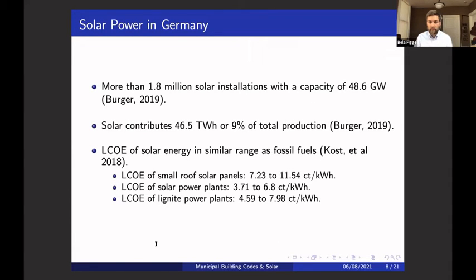And as I mentioned before, the cost of solar electricity has reduced significantly and is now, when we compare to traditional fossil fuels, in the case of large-scale solar power plants, actually cheaper than the cheapest fossil fuel alternative. You see here that lignite coal plants are, on average, at least more expensive than solar power plants. And even the small rooftop solar panels are competitive with many forms of fossil fuels. And that's what we're focusing on here, small rooftop solar panels that households would install.